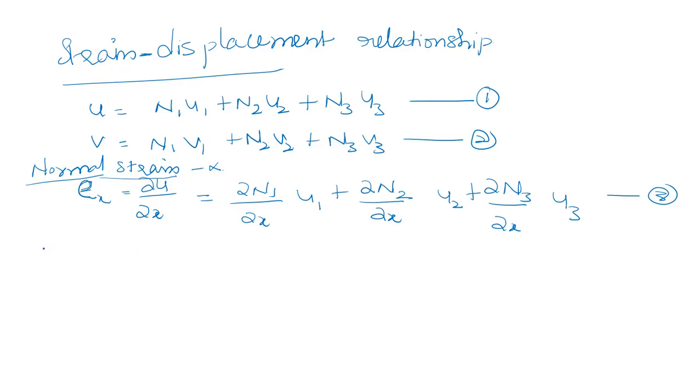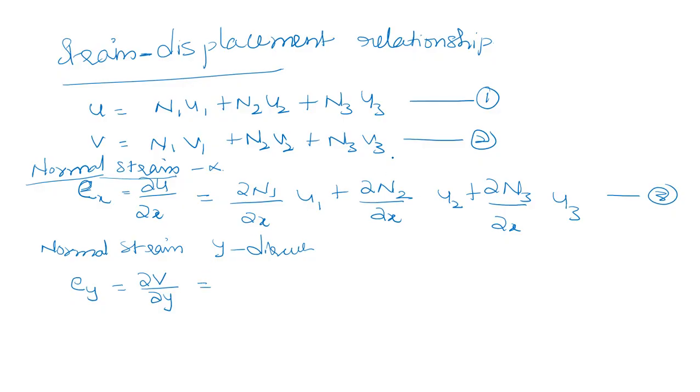Now at the same time, normal strain in y direction is also there. Strain in y direction is equal to what? Dou v by dou y. We know the v equation 2.